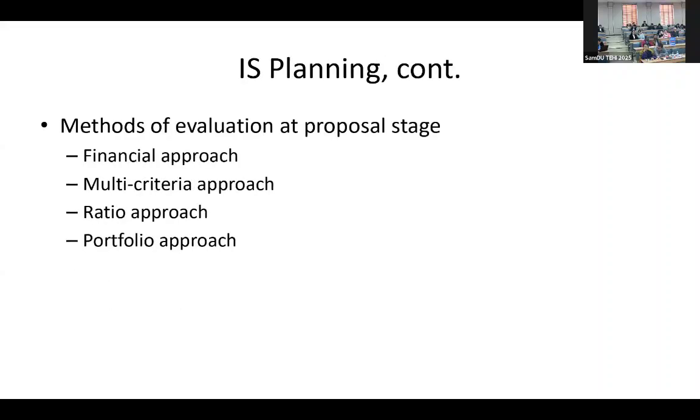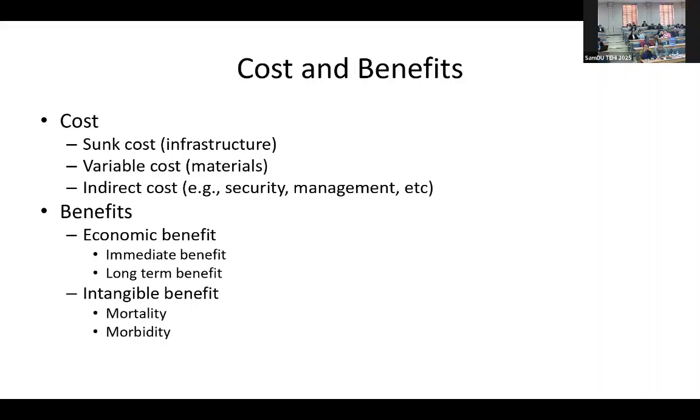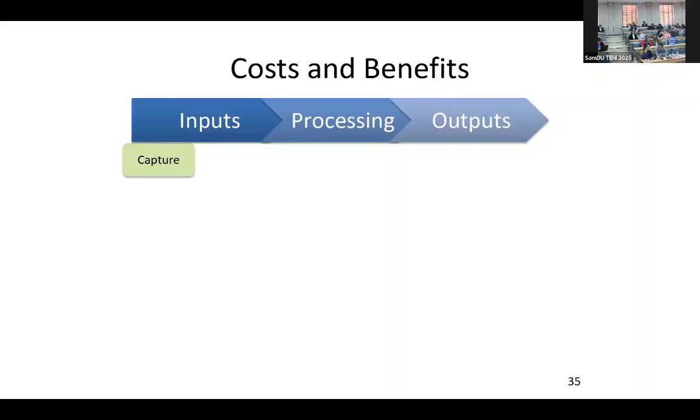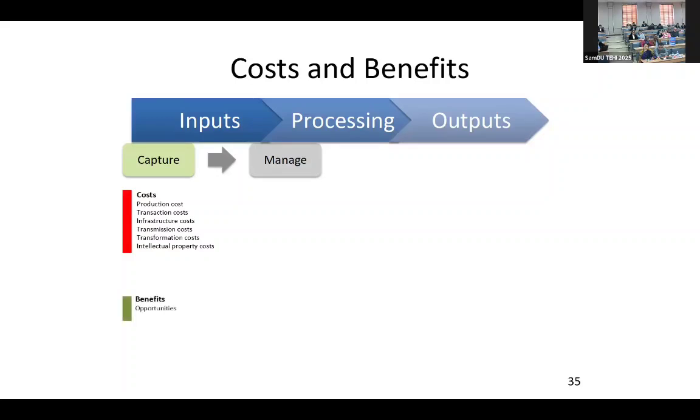For the costs and benefits, we need to think about sunk costs, variable costs, and indirect costs. For the benefits, we need to consider the economic benefits and also the intangible benefits. We can capture inputs, manage them, then conduct analysis and make decisions.